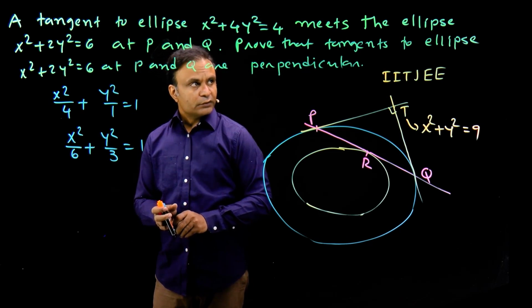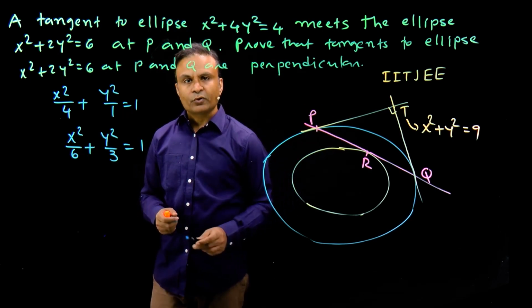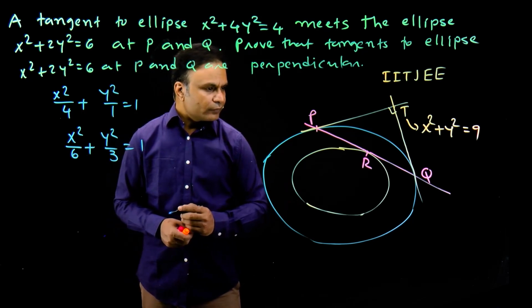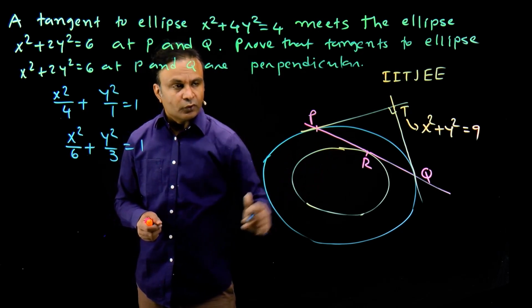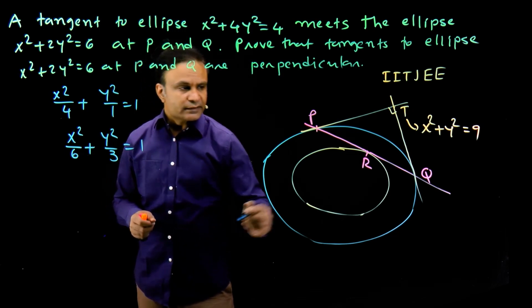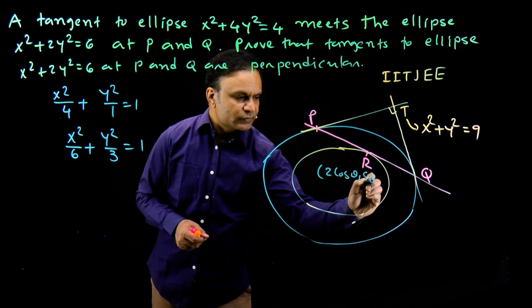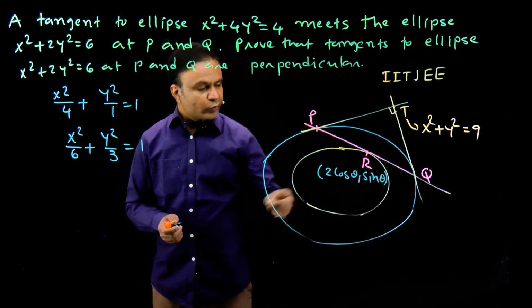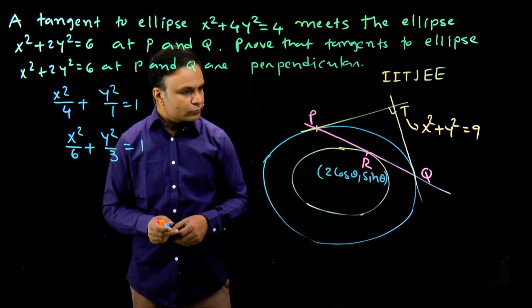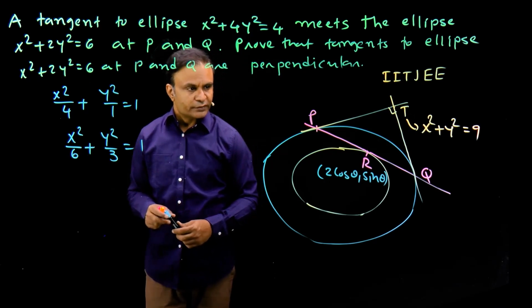So now question changes to finding the locus of point T. How we get the locus? Now this R point is variable on the smaller ellipse. So we consider this point as 2 cos theta comma sin theta. In conic sections, if we have to take a variable point on any curve, it is best to consider parametric coordinates.